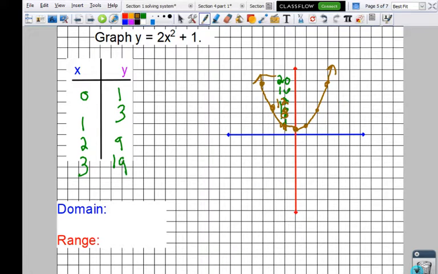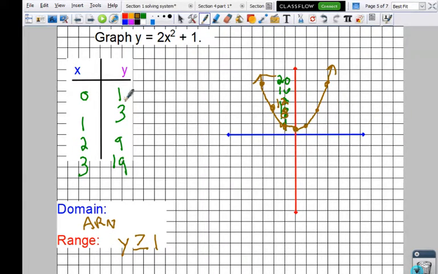Alright, so let's go through. My domain is the easy part, right? For my range, where's it going to start? It starts at 1, and it's going to be everything greater than or equal to 1. Even though this one isn't right in the middle, I still know where this bottom point is.